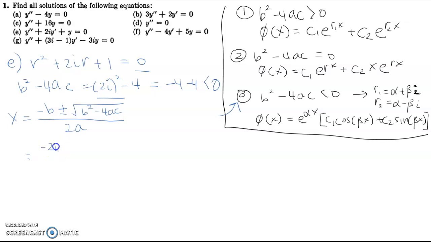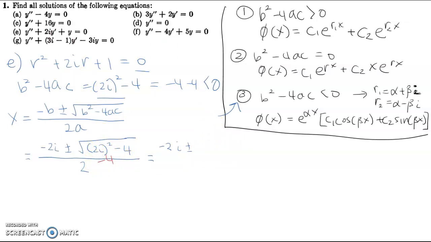This is going to be negative 2i plus or minus the square root of 2i squared minus 4 times a times c, those are all 1, and 2 times a, where a is 1. So we have negative 2i plus and minus, inside that value is negative 4.